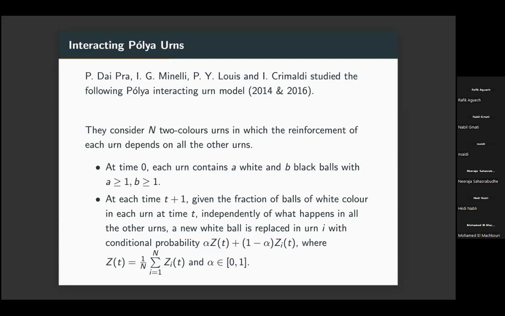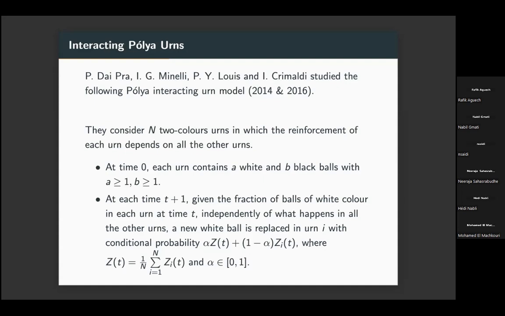Okay. So in this model, you have n 2-color urns. Let's say at time 0, each urn contains a non-zero number of white and a non-zero number of black balls. Now at each time, you draw a ball, and you add a white ball to the ith urn with probability alpha z_t plus (1 minus alpha) z_{i,t}.